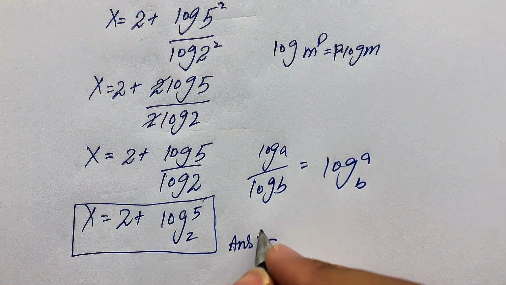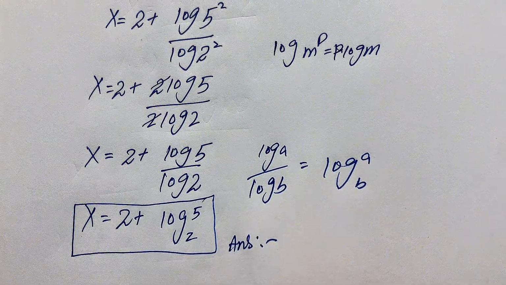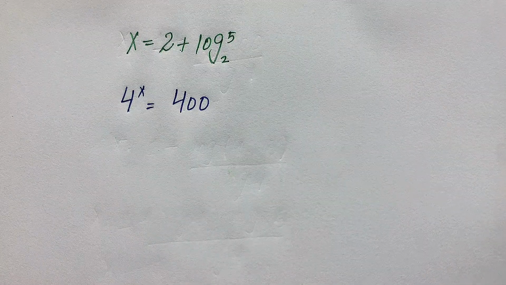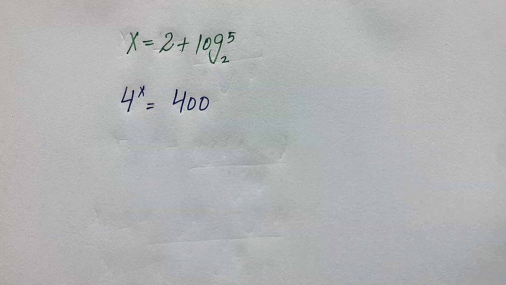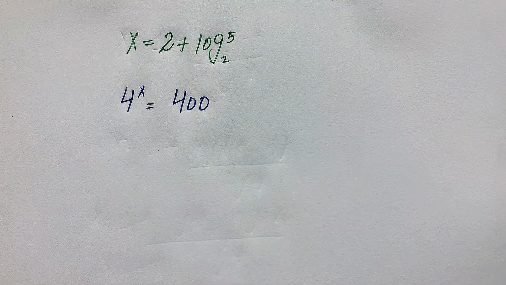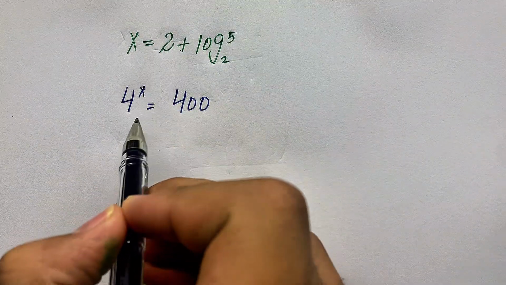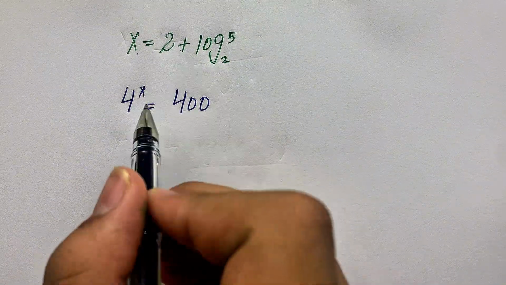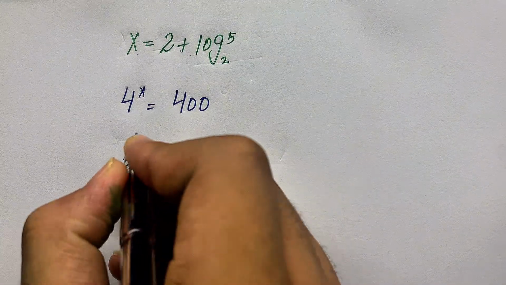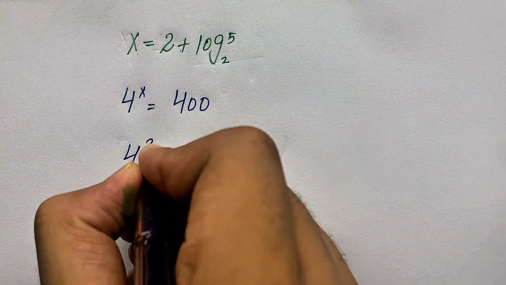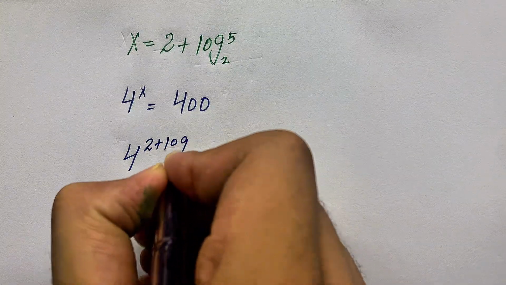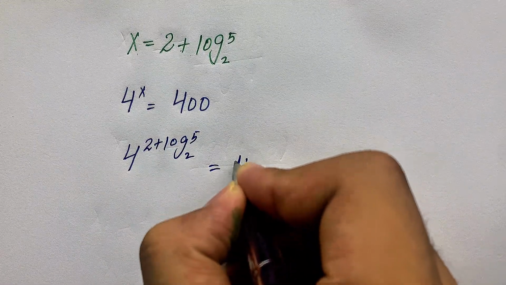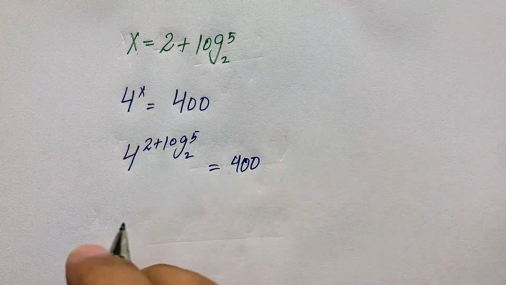Now we are checking this value. Now we are verifying this problem. Our value of x is here: 4 to the power 2 plus log of 5 base 2 is equal to 400.